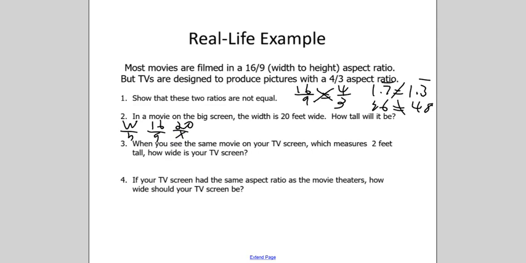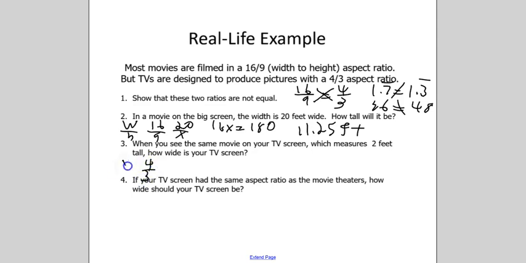So again, multiply 16x equals 9 times 20, 180. And then when I divide 180 divided by 16, I get 11.25. So 11 1/4 feet.